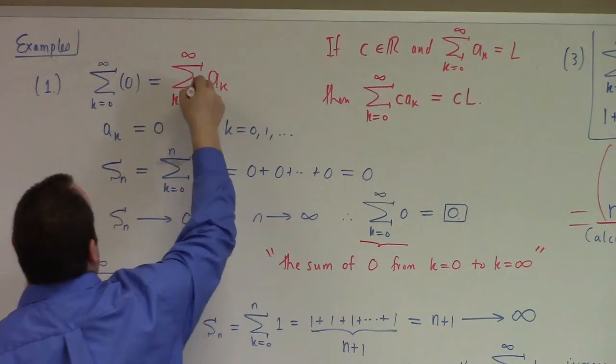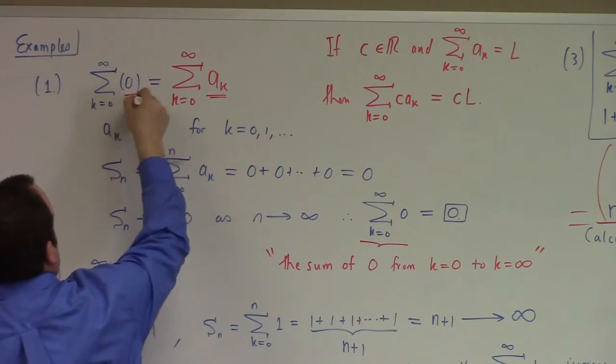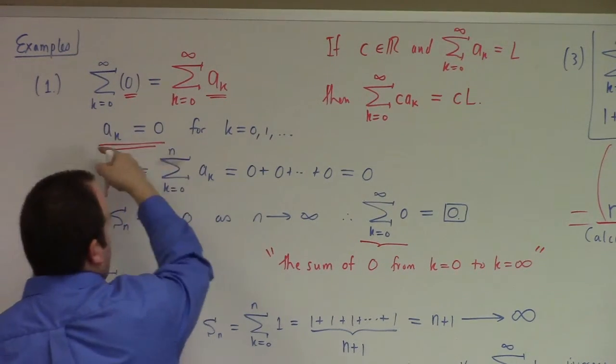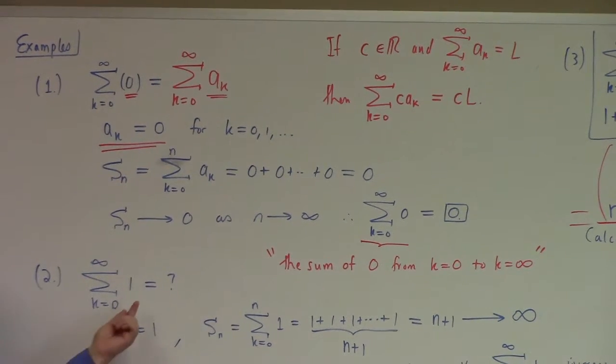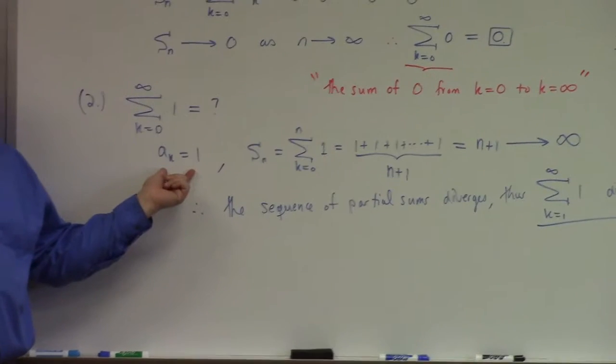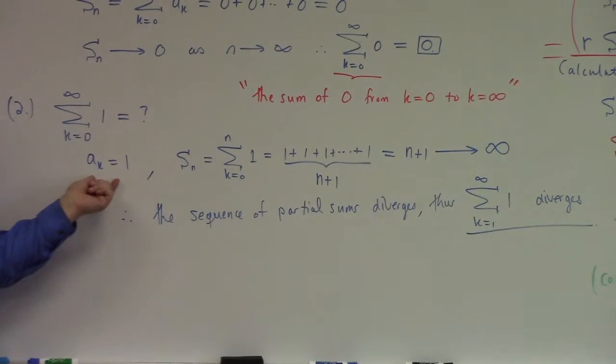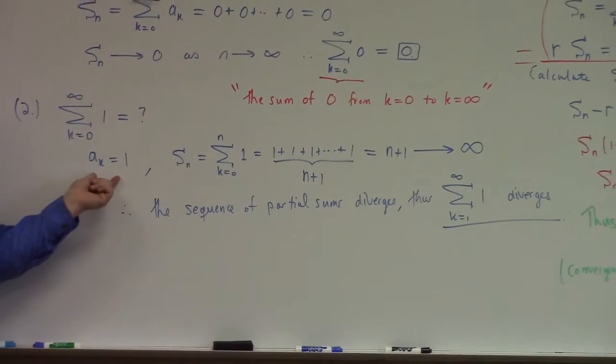So I'm identifying that a sub k is equal to 0, and that pattern continues forever and ever. A sub k is 0 for k equal to 0, 1, 2, 3, 4. The next one, a sub k is equal to 1, forever and ever.